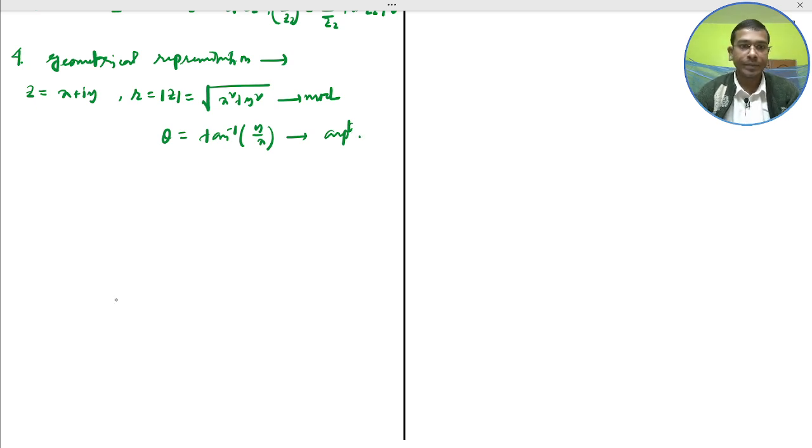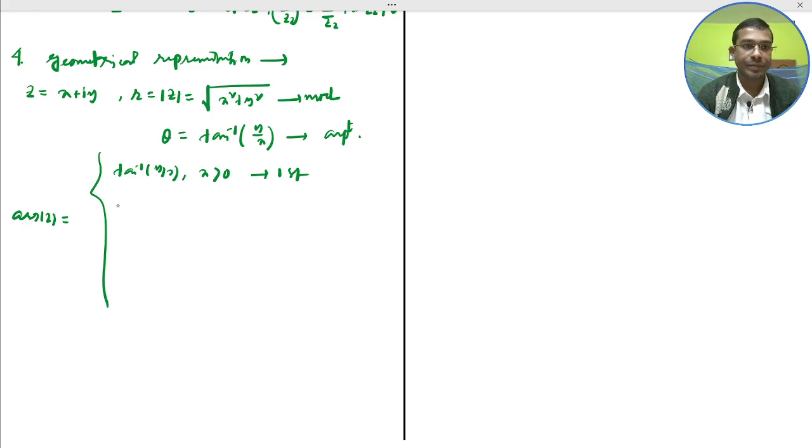And next, the arg z is equal to tan inverse y by x, this is for x greater than 0, the first quadrant. Next, tan inverse y by x plus pi, here x less than 0 and y greater than or equal to 0, this is in the second quadrant.